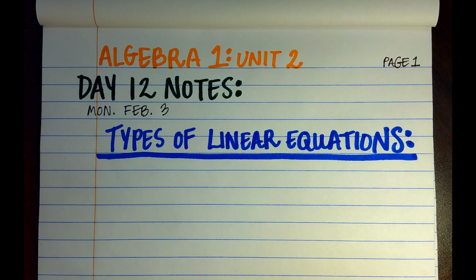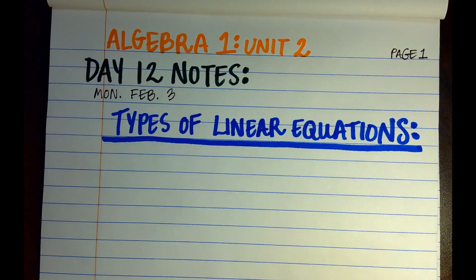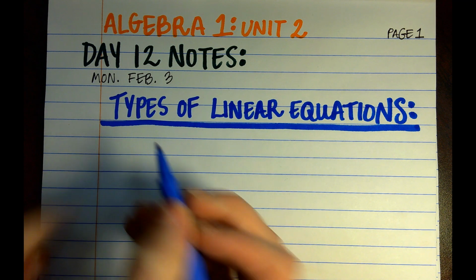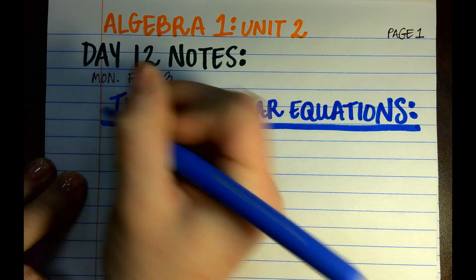And here we go, types of linear equations. So the first type that we've been talking about is slope-intercept form. That's our y equals mx plus b. So let's make a quick note of that just to remind ourselves.